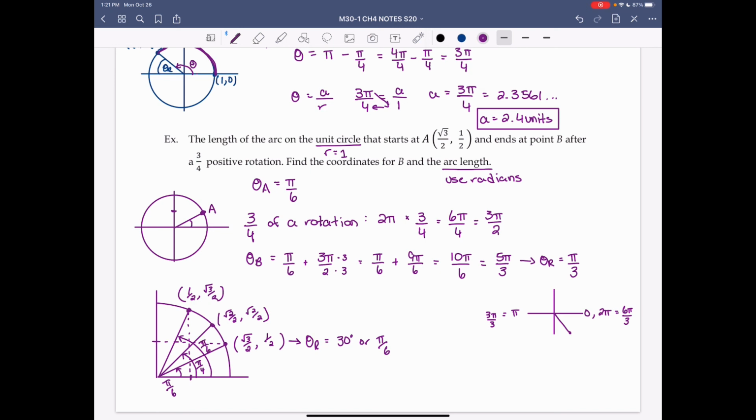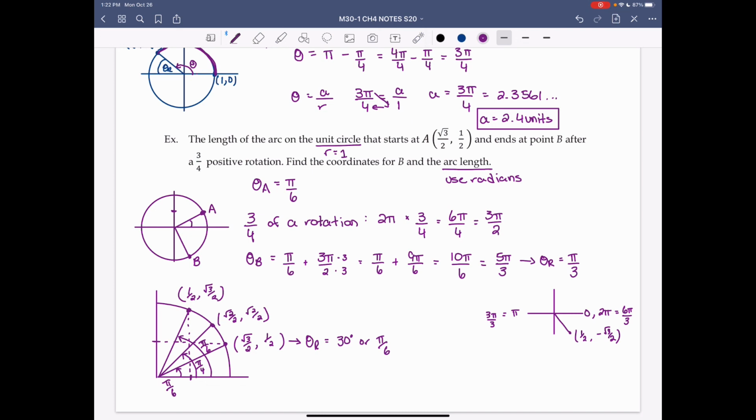And for pi over 3, we have an x value that's 1/2 and a y value that's root 3 over 2. We're in quadrant 4, so x is positive, y is negative, so negative root 3 over 2. We can draw that on our other diagram. This is point B.